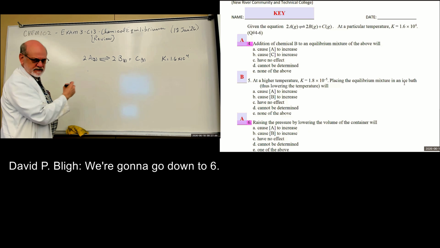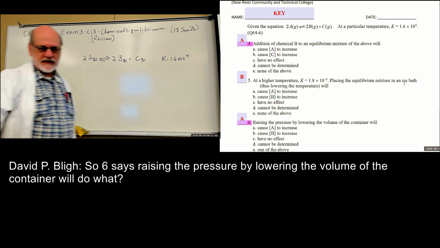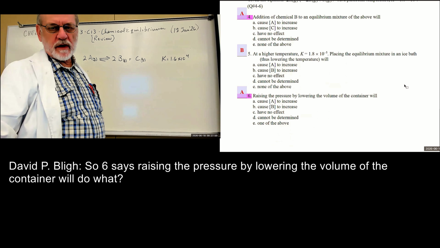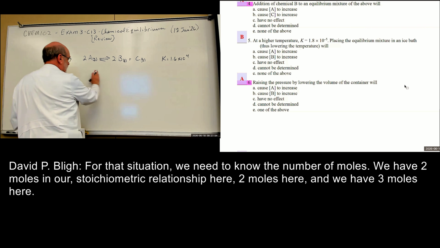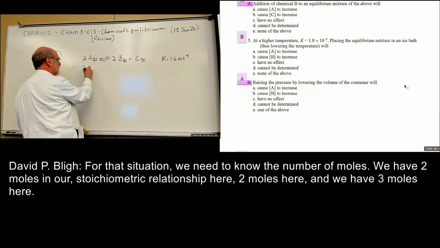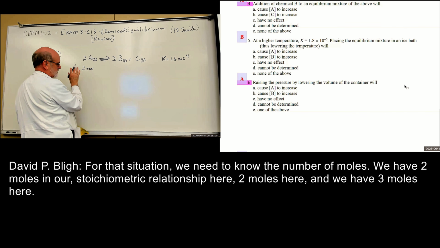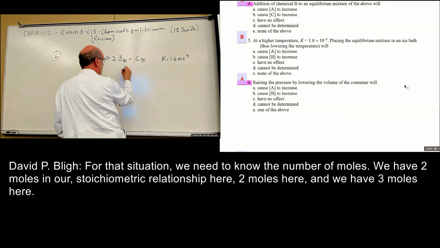We're going to go down to 6. So 6 says raising the pressure by lowering the volume of the container will do what? For that situation, we need to know the number of moles. We have 2 moles in our stoichiometric relationship here, 2 moles here, and we have 3 moles here.